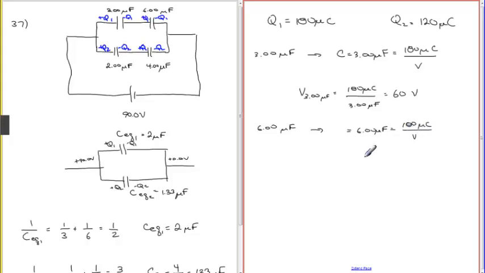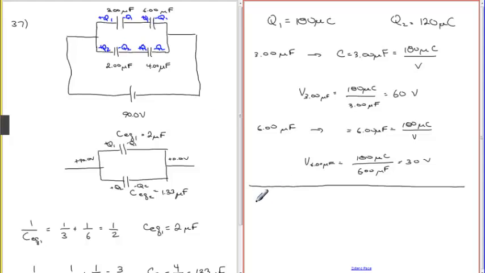We'll just leave the subscript off now, but for the 6 microfarad capacitor, it's just going to be equal to 180 microcoulombs divided by 6 microfarads, and 180 divided by 6 is 30. So we get 30 volts, and lo and behold, 60 plus 30 is our total voltage, which is 90. That's how it has to work out. Okay, so that's those 2 capacitors.